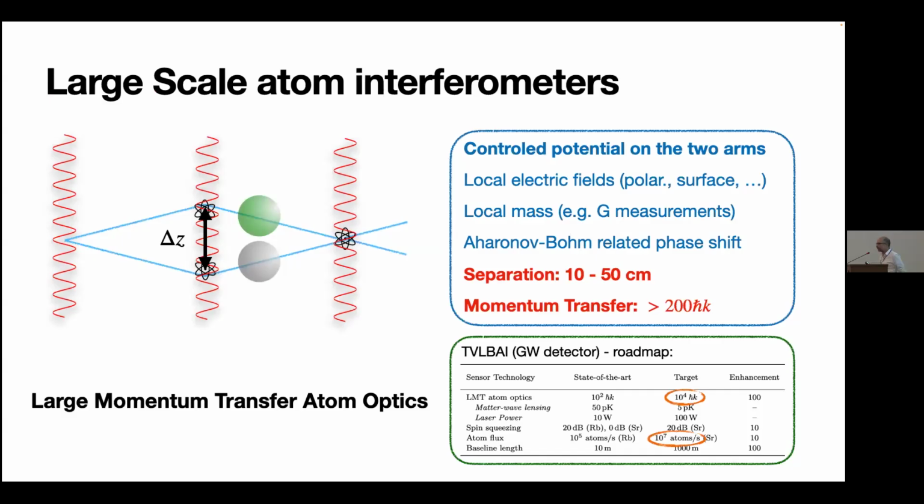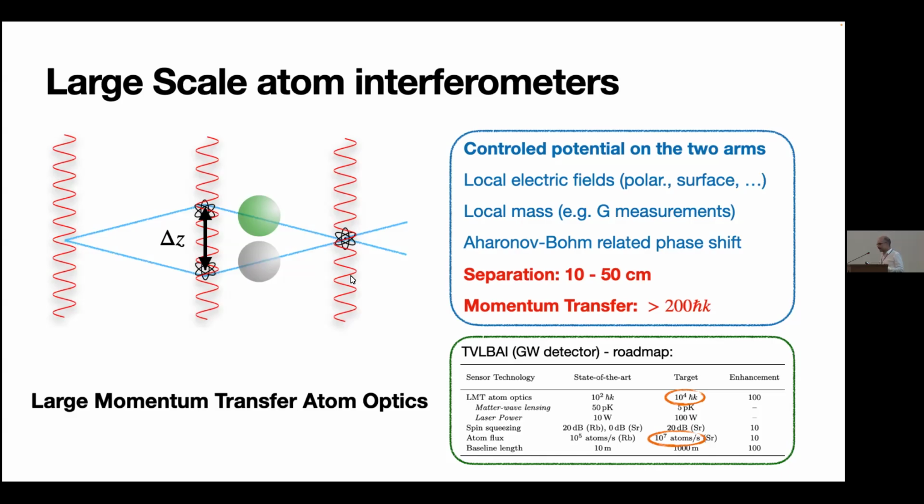We have already had some context today about these large-scale atom interferometers. In our group, we target a separation between the two arms of the interferometer of greater than 10 centimeters. We want to be able to fit some controlled perturbation on a single arm of the interferometer.